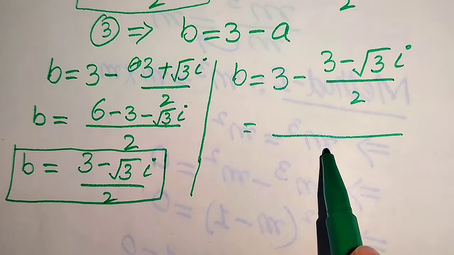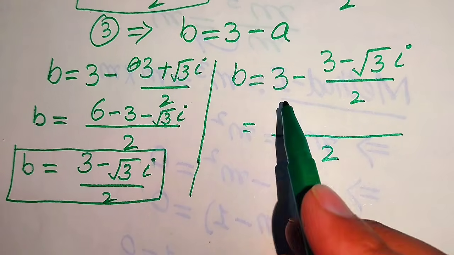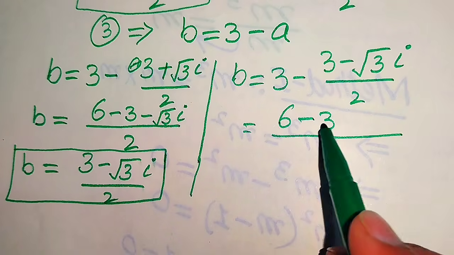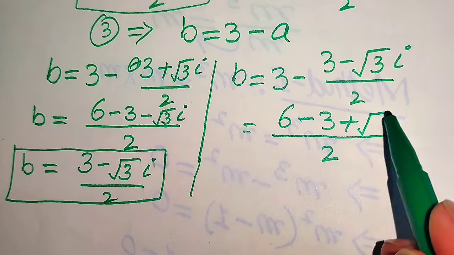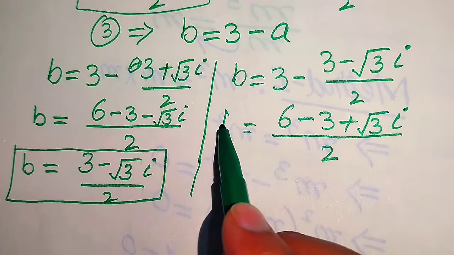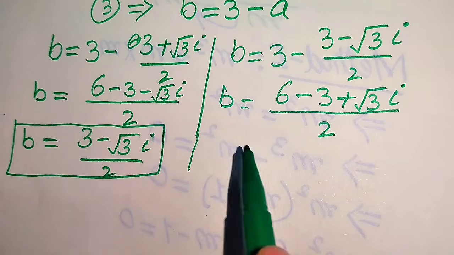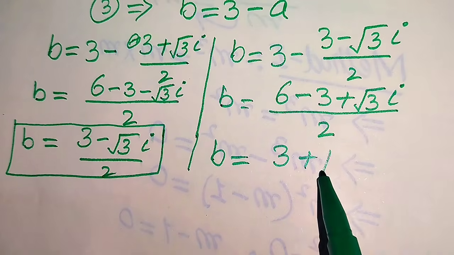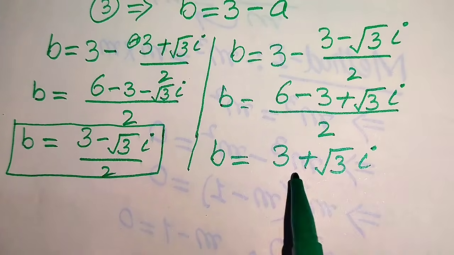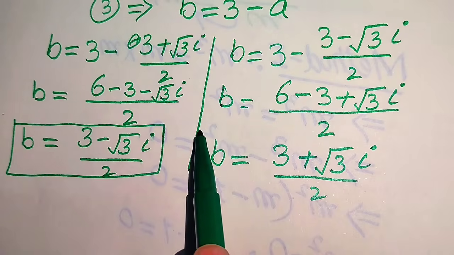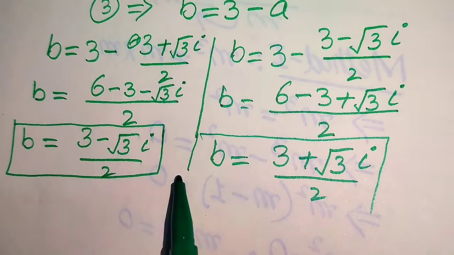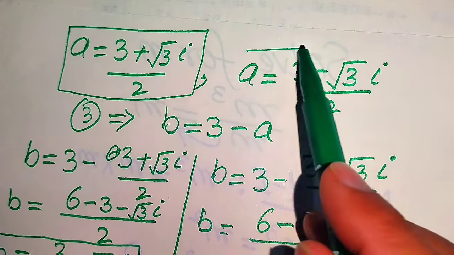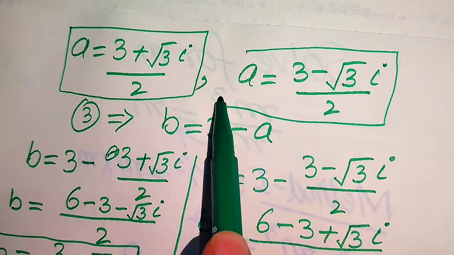We take the LCM, which becomes 2, and we get 2 times 3 becomes 6, and we multiply the negative sign on both terms, and it becomes minus 3 plus square root of 3 iota. Further, b equals 6 minus 3 becomes 3 plus square root of 3 iota, divided by 2. So this is the value of b which we get, and the corresponding value of a is this one.